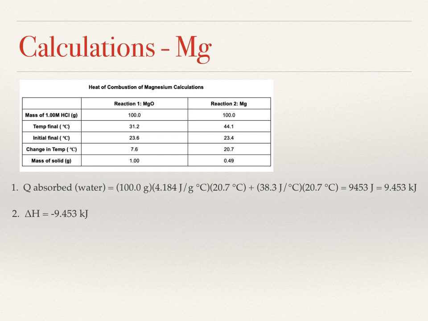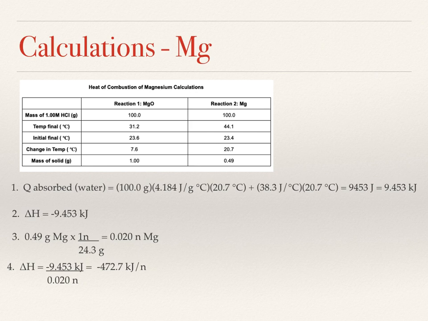That's why the temperature of the water went up. We're going to convert our 0.49 grams of magnesium into moles using molar mass, just like before, and then divide those two values to get to our heat released per mole. Those are the values that we're going to be using to get to Hess's Law.